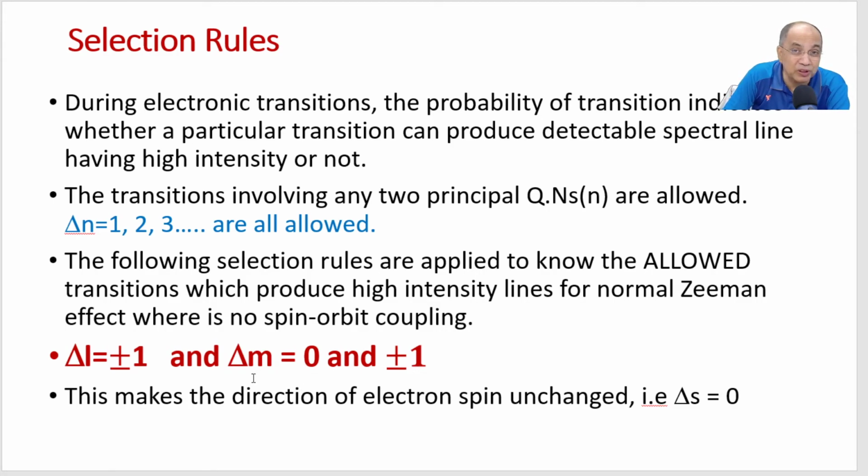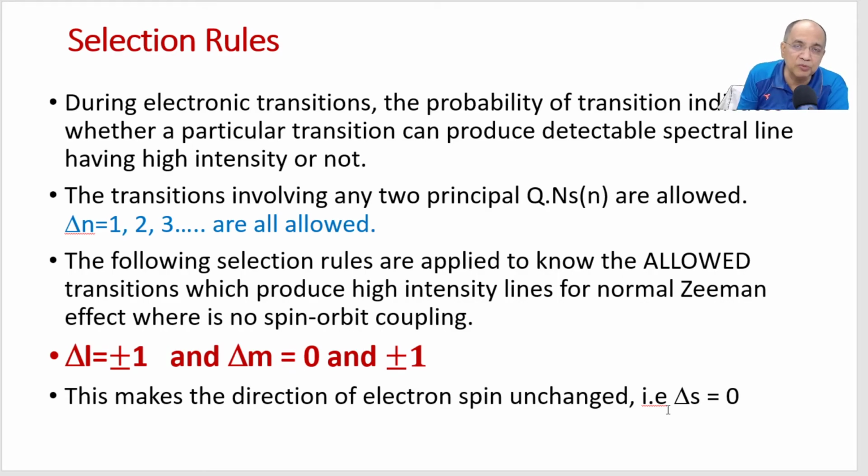Any transition with magnetic quantum number change, delta M, either it will be 0 or it will be plus minus 1, not plus minus 2. Plus minus 2 is disallowed, called forbidden. This makes the direction of electron spin unchanged. The consequence is, supposing an electron is here, this is clockwise spin, this is anti-clockwise spin. It will remain as anti-clockwise when it is excited, the conservation of spin direction.